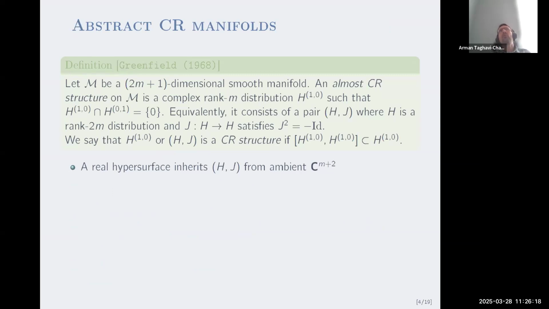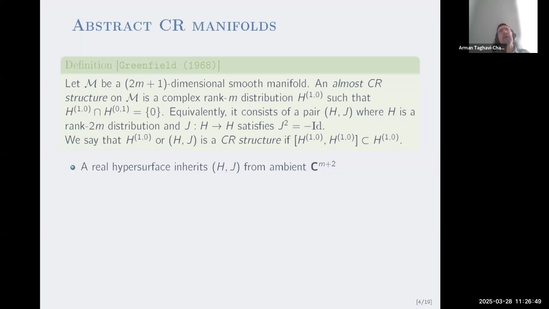Before that, I want to give a more abstract definition of a CR manifold. By abstract, I mean we do not view CR manifolds as embedded in C^{m+1}. So an abstract CR manifold will be a smooth manifold of dimension 2m+1, equipped with an almost CR structure.